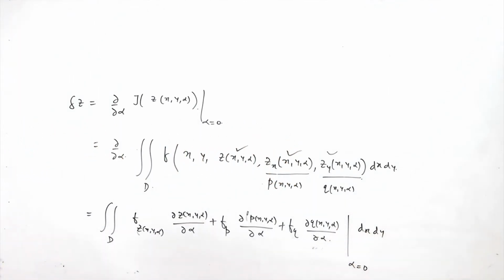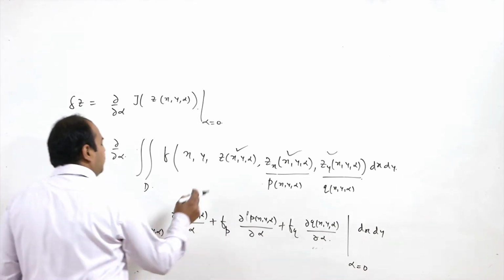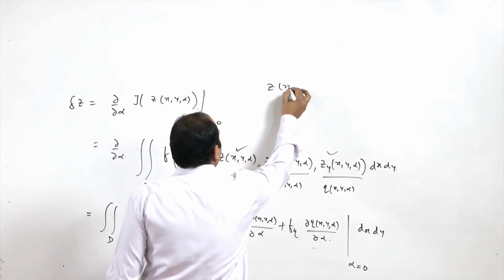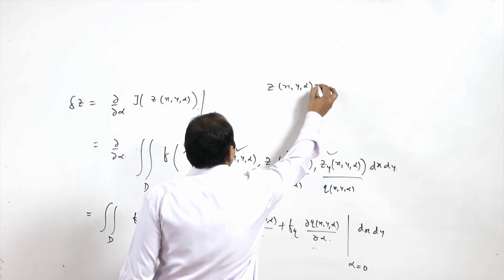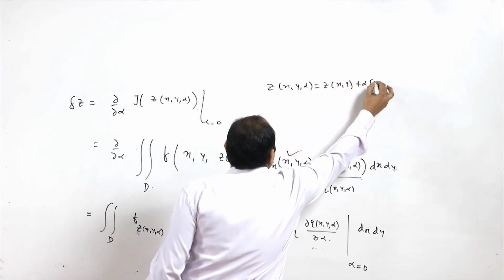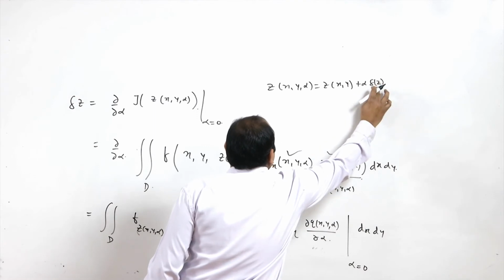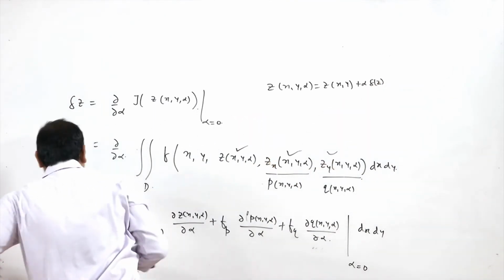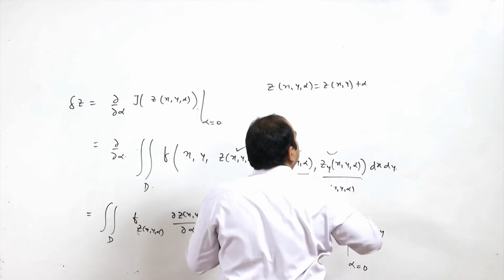So here if you write down what is z(x,y,α), it is equal to z(x,y) plus alpha delta z, right? So alpha delta z, this is delta z.